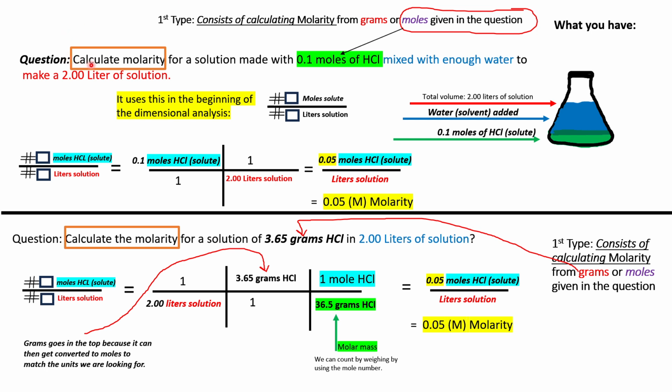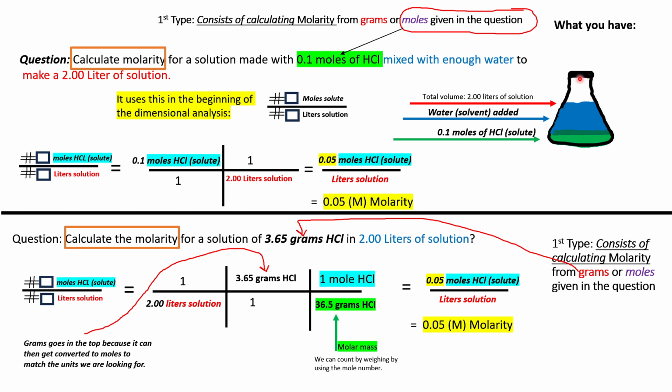Question 1. Calculate the molarity for a solution made with 0.1 moles of hydrochloride mixed with enough water to make 2 liters of solution. Okay, so let's go step by step. First of all, we need to understand what this question is asking.